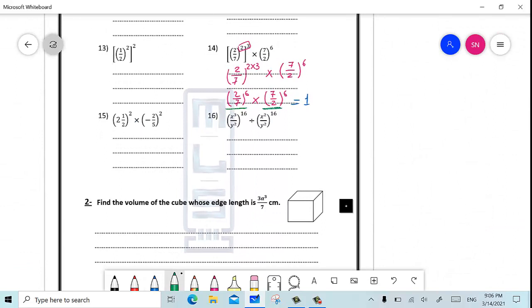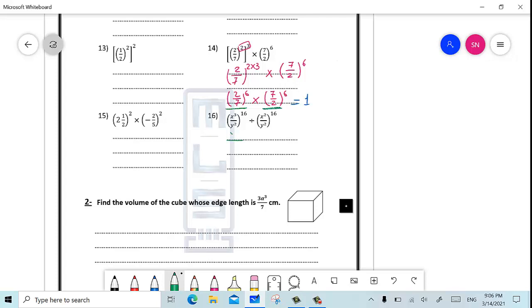X to the power of 3 over y to the power of 2, all raised to the power of 16, divided by x to the power of 2 over y to the power of 2, all raised to the power of 16. Again, I have a power raised to a power, so I'm going to multiply them.